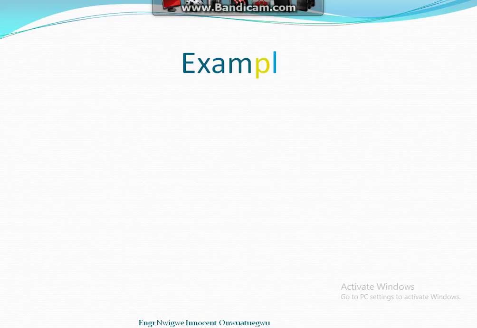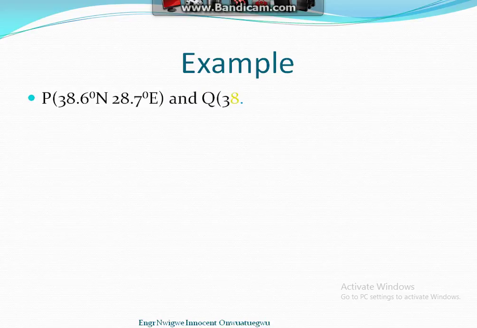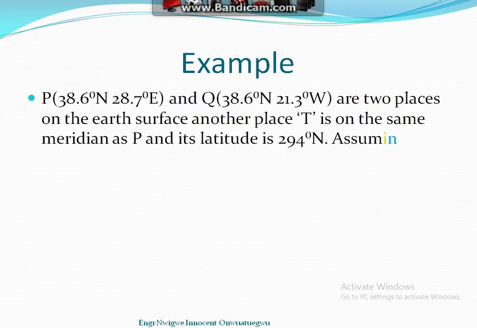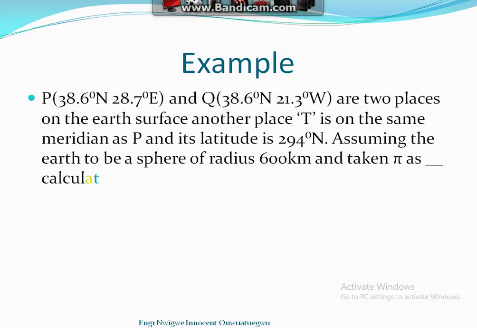Question 24. P is located at (38.6° north, 28.7° east), and Q at (38.6° north, 21.3° west); these are two places on the Earth's surface. Another place, T, is on the same meridian as P, and its latitude is 29.4° north.